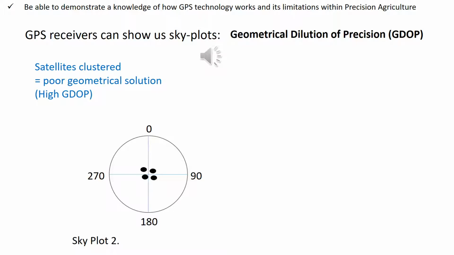The geometry of the satellites refers to how close they are as well, not just if they are evenly spaced over the quadrants or if they are sitting low on the horizon. We don't want them too close together, high above us either. That will give us a high GDOP value and a high geometrical dilution of precision.